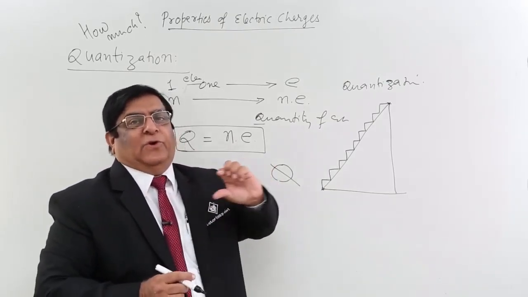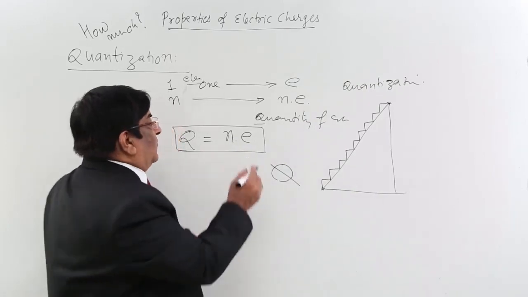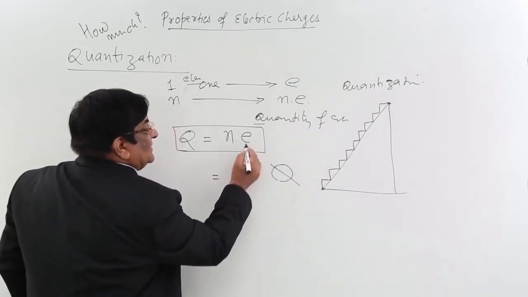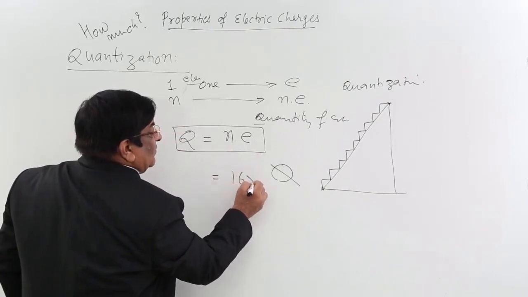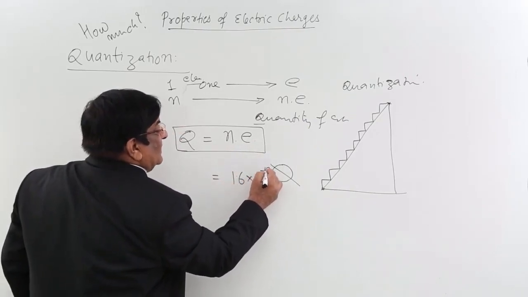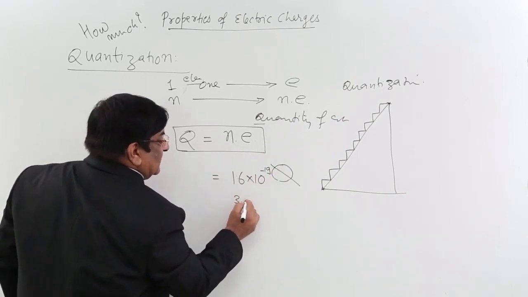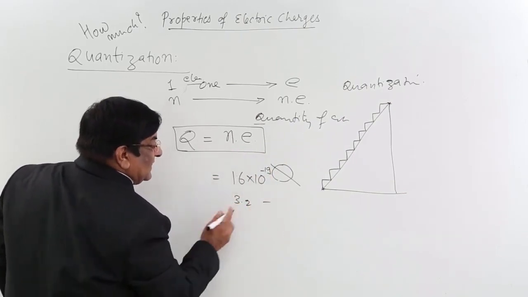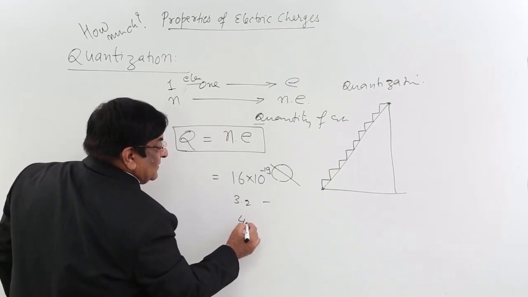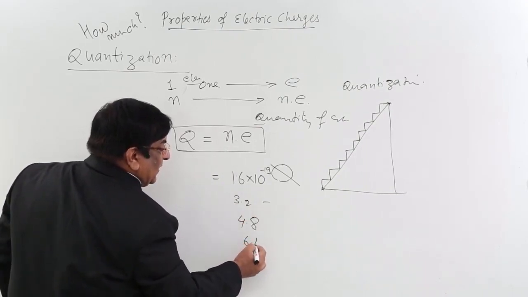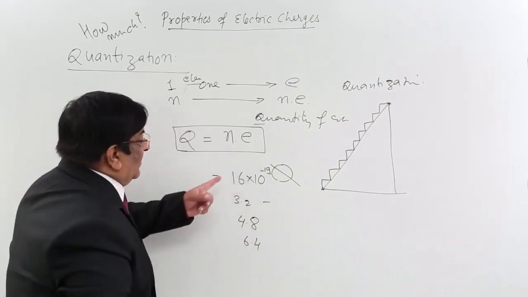It has to be a full electron. And once a full electron comes, the charge that will come is 1.6 into 10 to the power minus 19. If we shift 2 electrons, then it will be 3.2. If we shift 3 electrons, then it will be 4.8, 6.4. So you see, there is a table of 1.6.